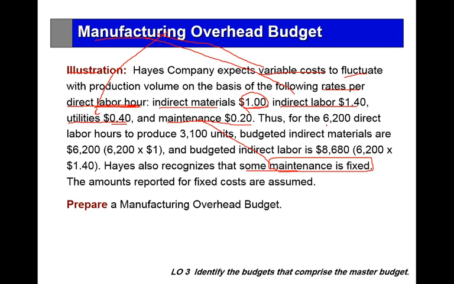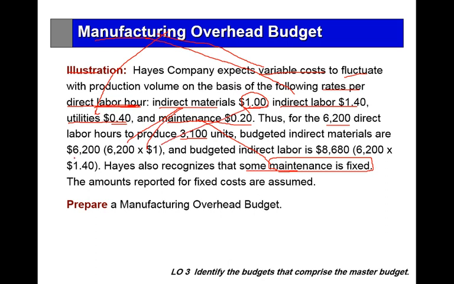Thus, for 6,200 direct labor hours to produce 3,100 units of output, budgeted indirect materials are 6,200 multiplied by $1 per hour.